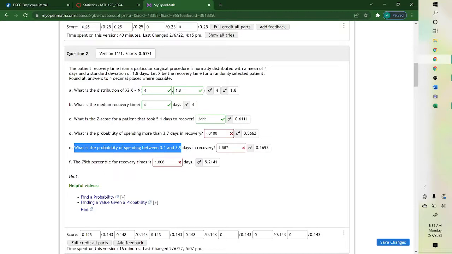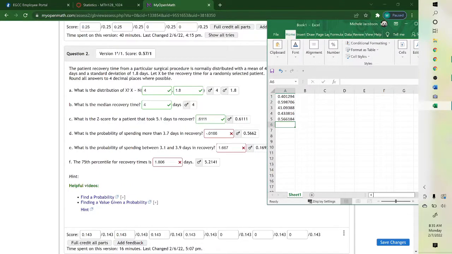So if we find the 3.9, and then if we subtract the 3.1, it's going to leave us what's in between. Let me delete these. Okay, so first we'll find the percent below 3.9.